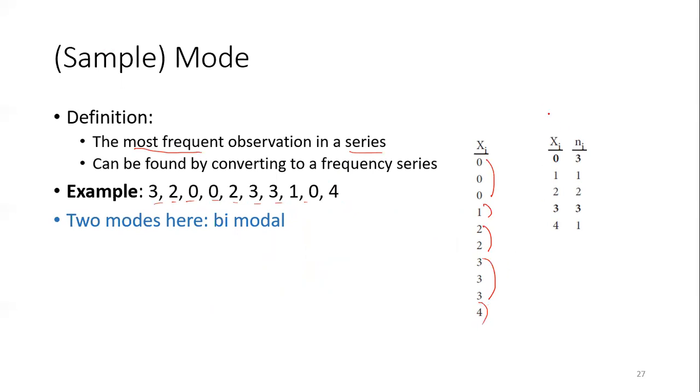So if you just make a frequency table of this, then you have three zeros, one one, and so on and so forth. And the two data which are most frequent are 0 and 3. Okay, there are three zeros and three threes. So there are two modes here. So this data is called the bimodal data, which means there are two modes in this data. Okay?